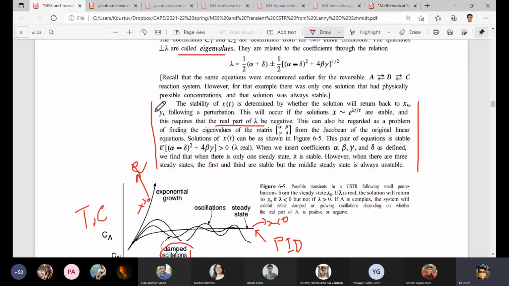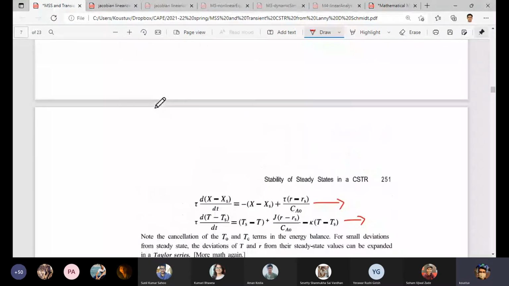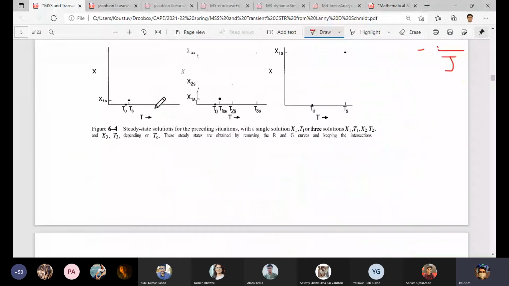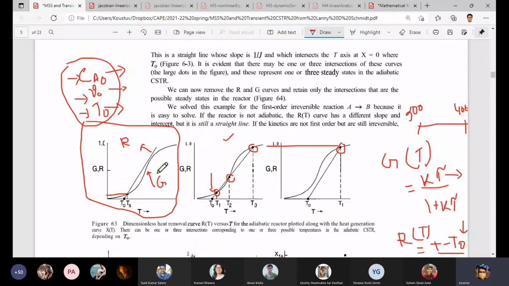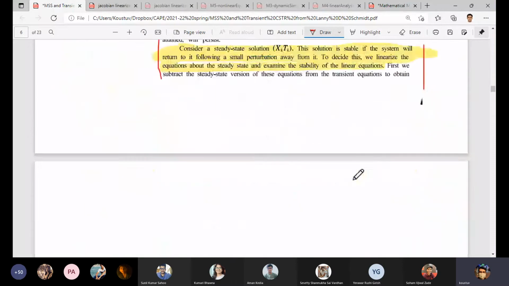It not only has the graphical understanding, but sometimes it may be more efficient to do it mathematically, because just by looking at the nature of the graph, for nonlinear ODEs we may not be able to plot it graphically as we had done here. We have done the R term and G term, but it is not always the case. So sometimes it is more efficient to do it mathematically.